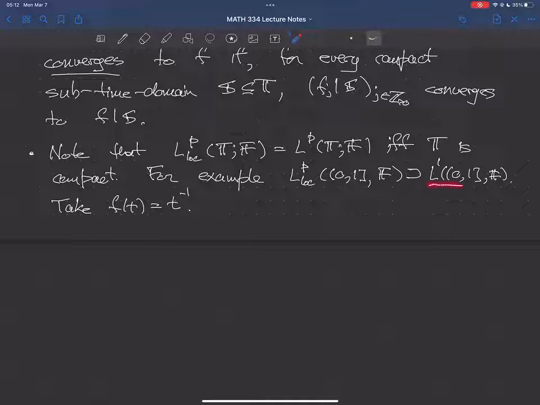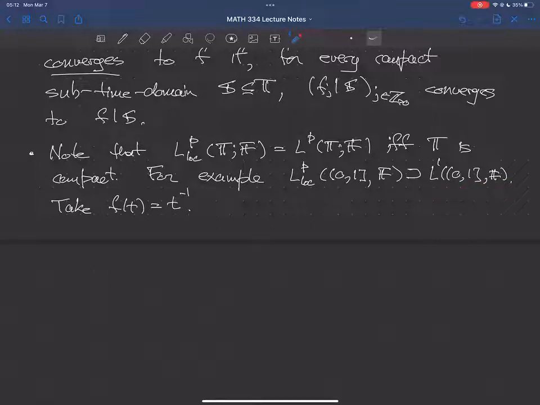It's not in L^1, because when you integrate it, that will prohibit you from being in here.